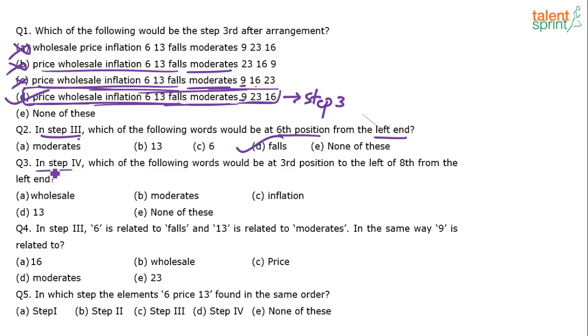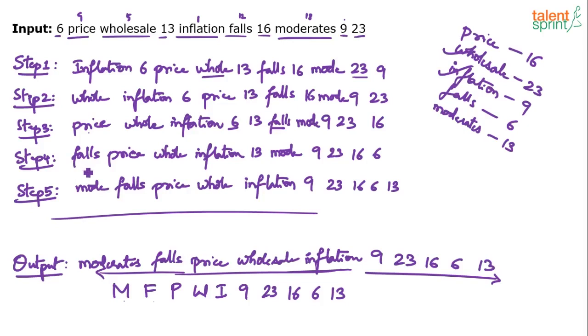In step 4, which of the following words would be at the 3rd position to the left of the 8th from the left hand? First, what is 8th from the left hand? First, second, third, fourth, fifth, sixth, seventh, eighth. 8th from the left hand is 23.